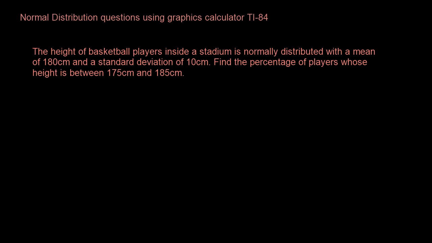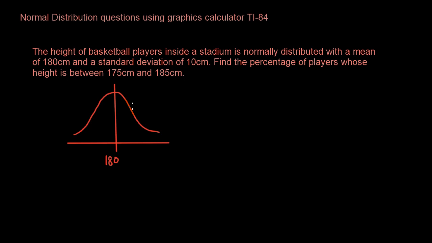With these questions, I like to draw a normal distribution curve to remind us of where the probability is. So here is a normal distribution curve. The highest point is in the middle, and that is the mean, which is 180 centimeters.